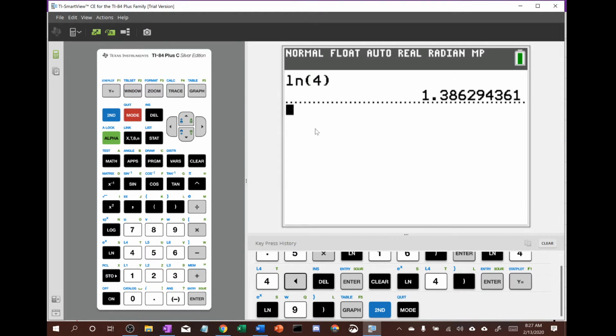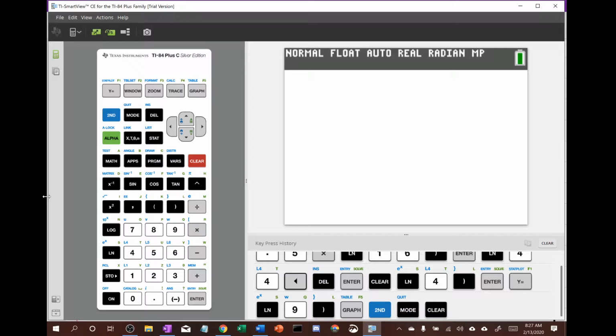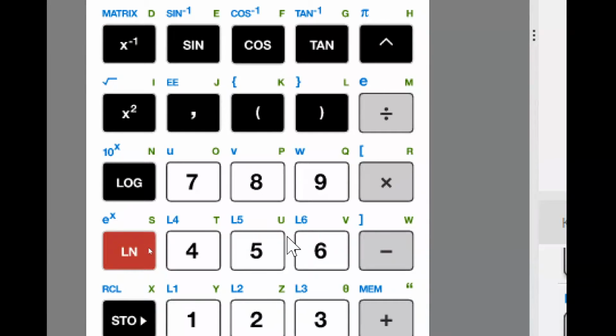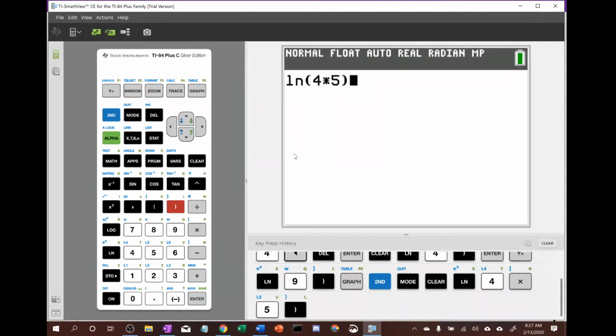and get back to the main screen. Yeah, let's try it. ln of 4 times 5. So that's going to be some number.